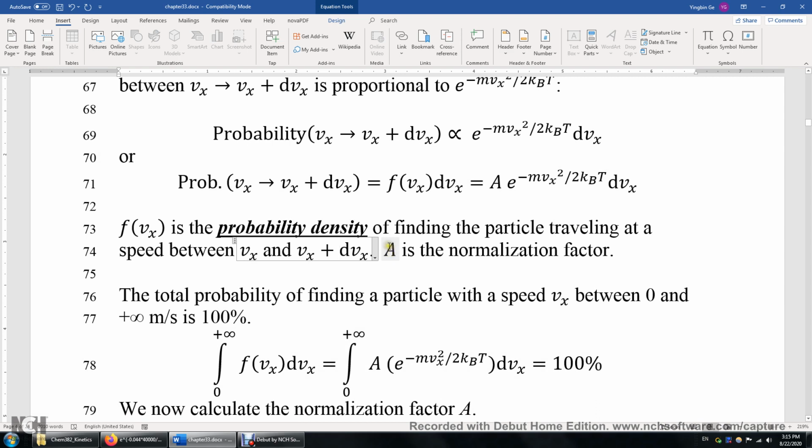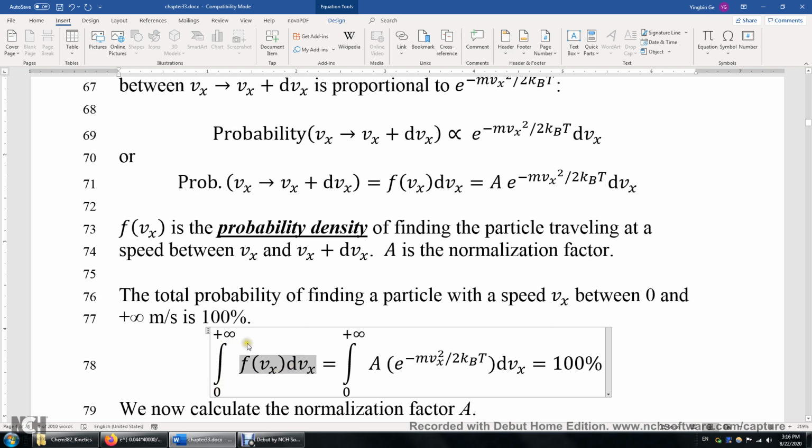We can calculate this A. The reason is we know the total probability of finding a particle with a speed Vx between 0 and infinity is 100%. So the speed has to be between 0 and infinity. Therefore, this integral from 0 to infinity of f(Vx) dVx, so this is probability density, and this is the probability of finding the particle moving at a speed between Vx and Vx plus dVx.